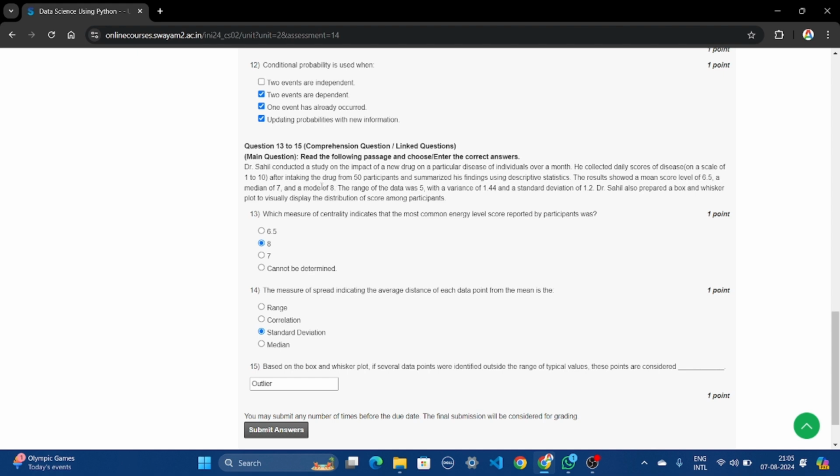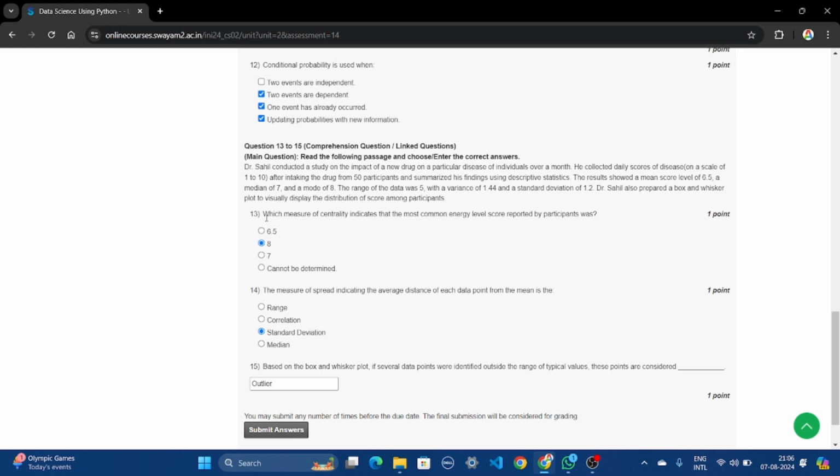After intaking the drug from 50 participants and summarized his findings using descriptive statistics, the results showed a mean score level of 6.5, a median of 7, and a mode of 8. The range of data was 5 with a variance of 1.44 and a standard deviation of 1.2. Dr. Sahil also prepared a box and whisker plot to visually display the distribution of score among participants.